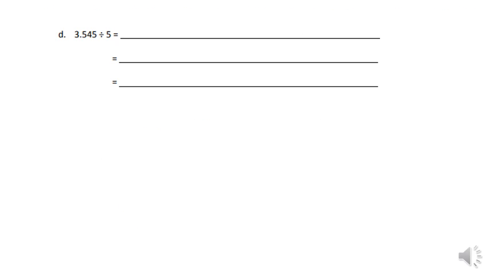On D, when we're looking at this, we're looking for compatible numbers. I can see 3 ones is not compatible, but 35 tenths is. So I'm going to go 35 tenths divided by 5, plus, and I have 45 thousandths, and that is a multiple of 5, so 45 thousandths divided by 5.